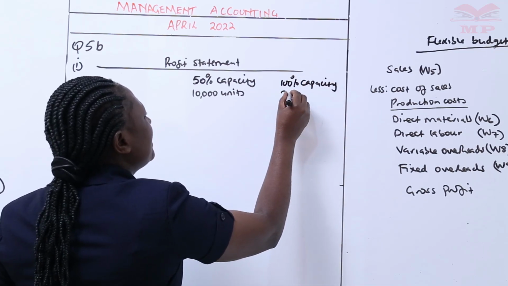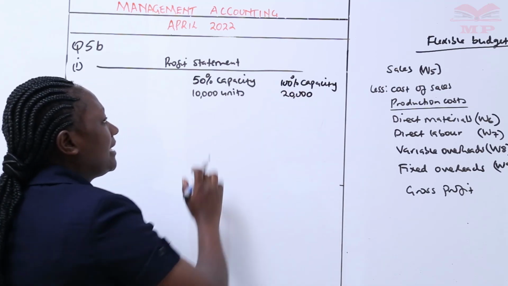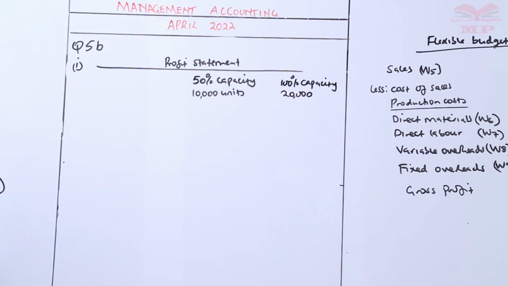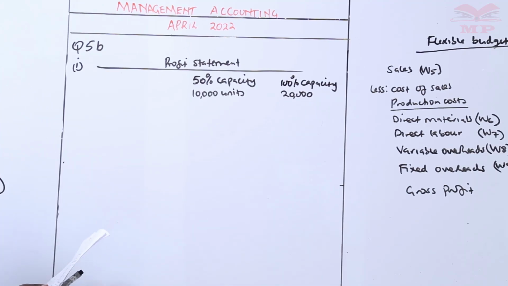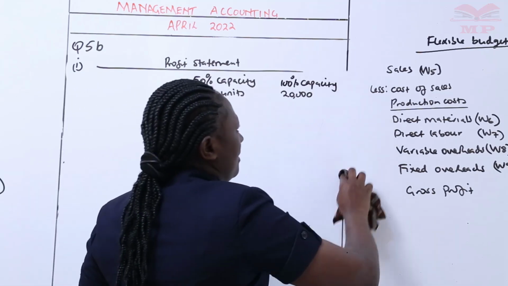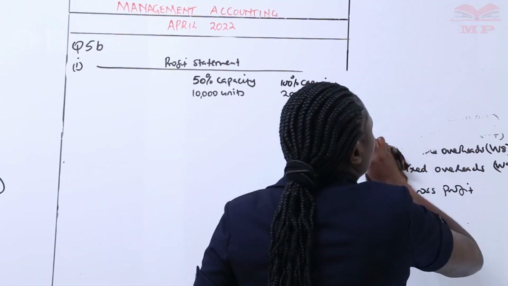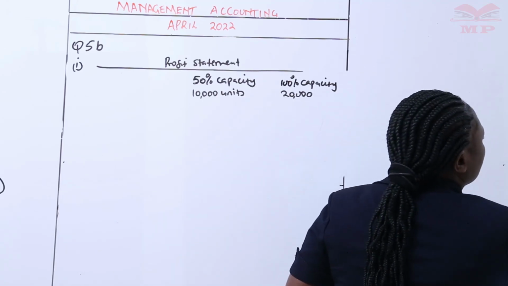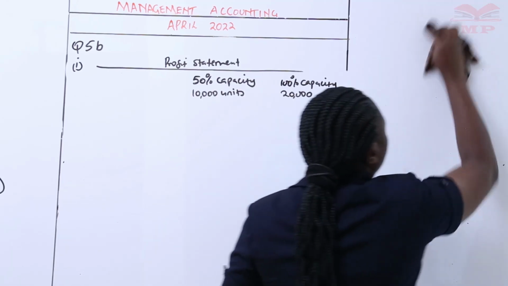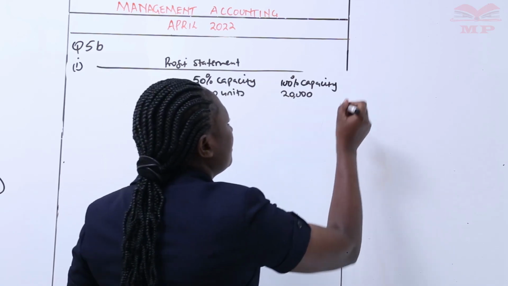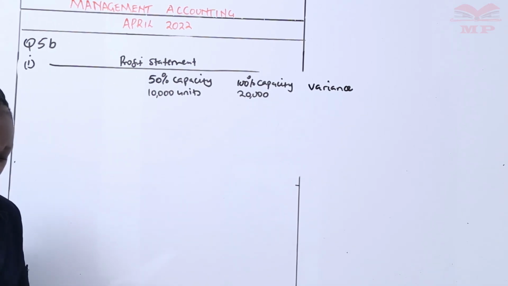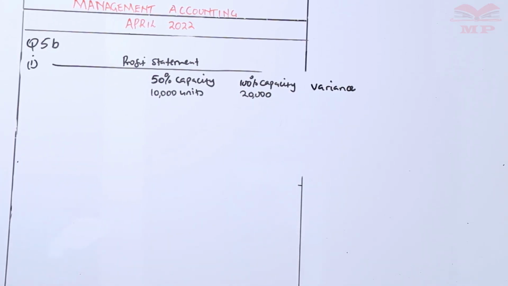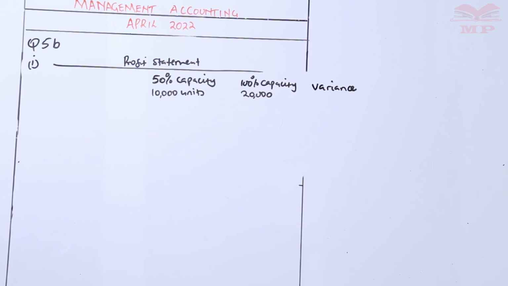And we will also need to show the variance. We are told to prepare a statement showing the variation of net profits resulting from the acceptance of the order.